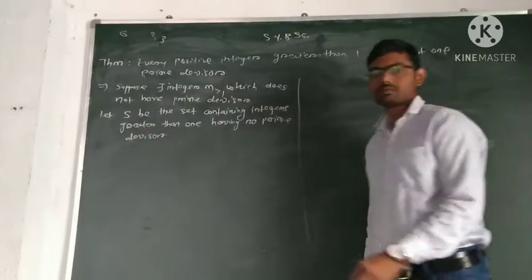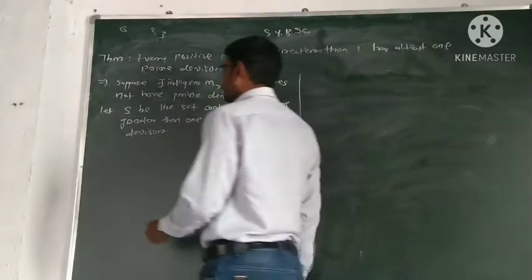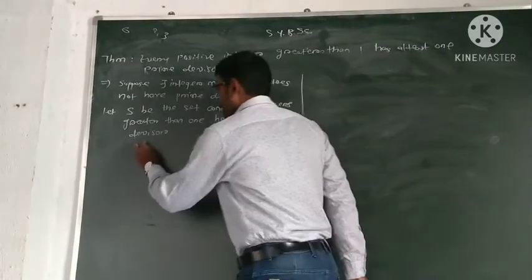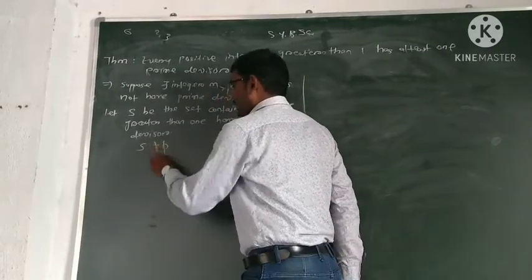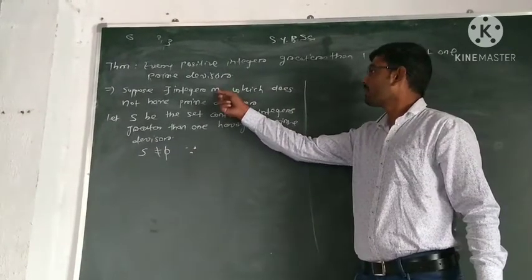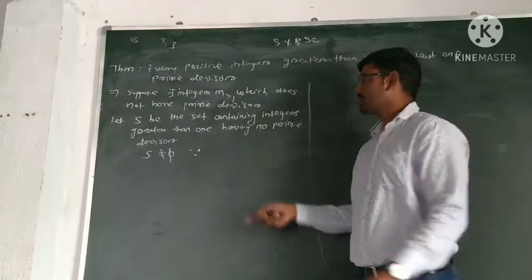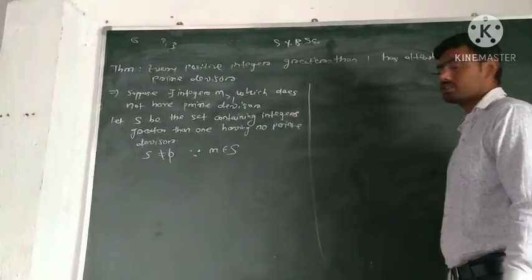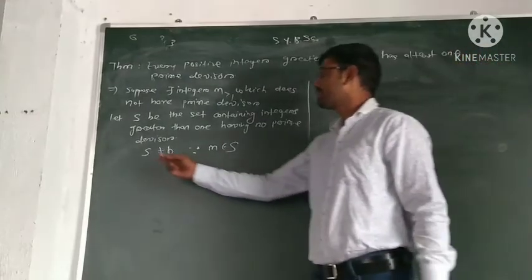This means this set is not empty. Okay. Set S is not equal to the empty set. Why? Since we have the integer m which doesn't have a prime divisor, this m belongs to the set S. So the set is not empty.